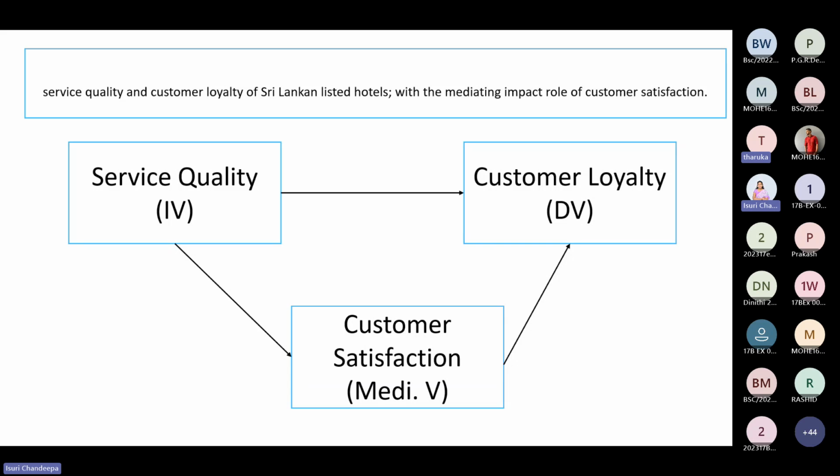So that is the first question: what is the impact of service quality on the customer loyalty?